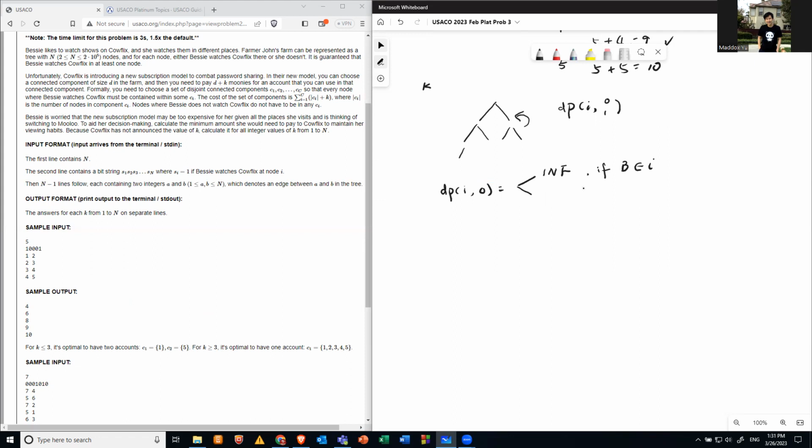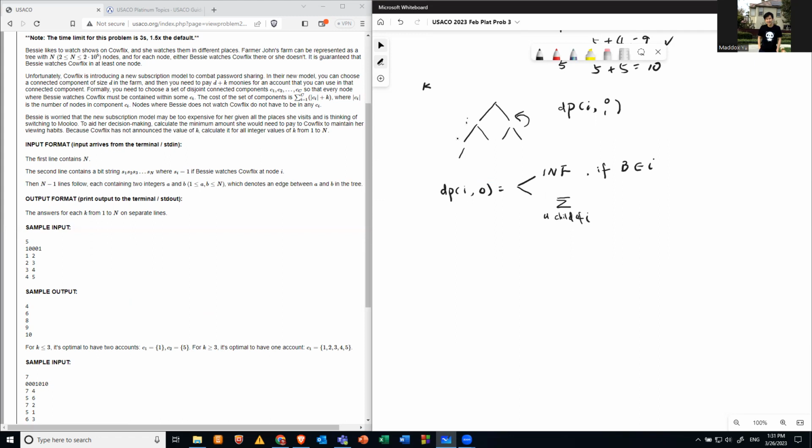If Bessie cannot be on there, then you can sum over all the vertices which are children of i.